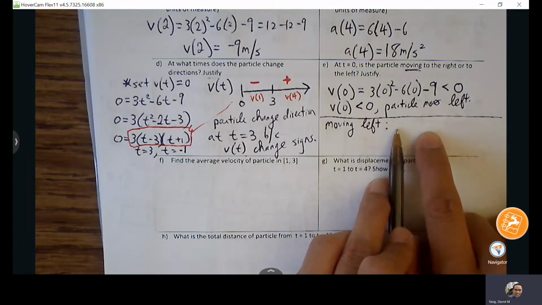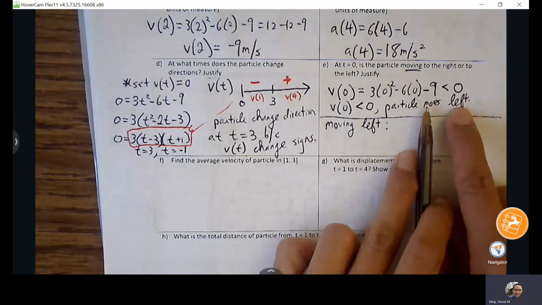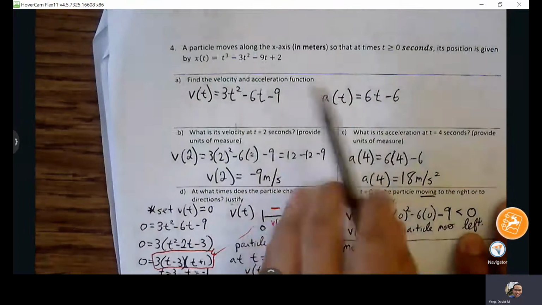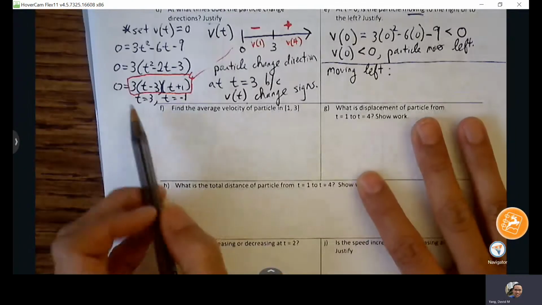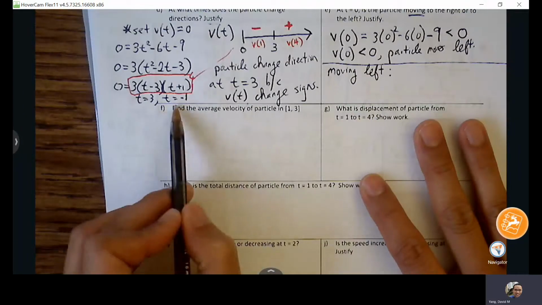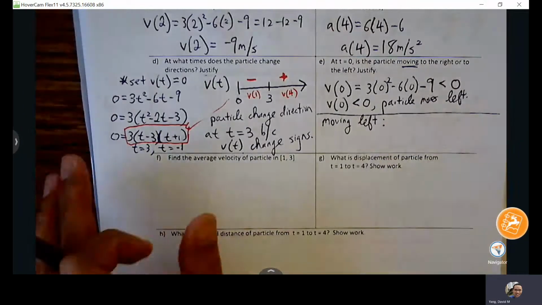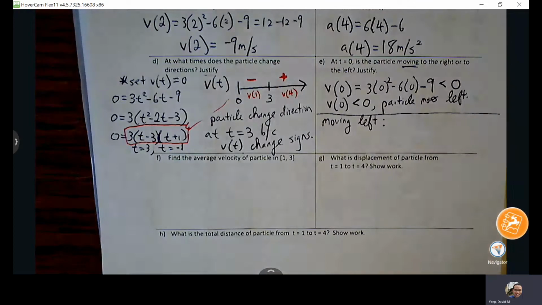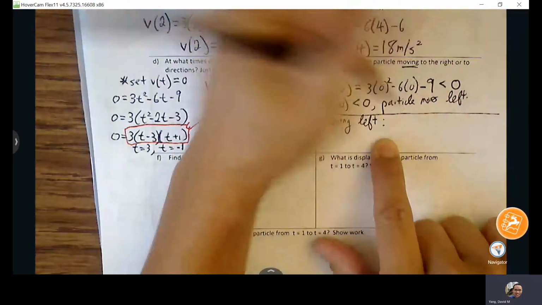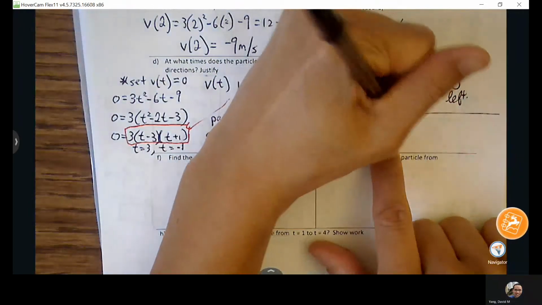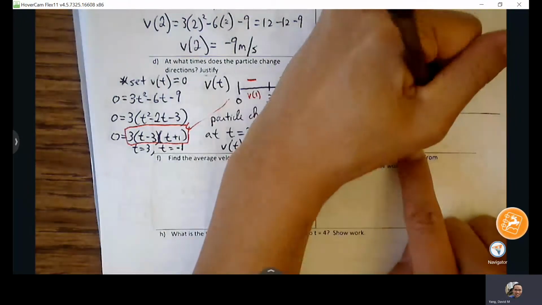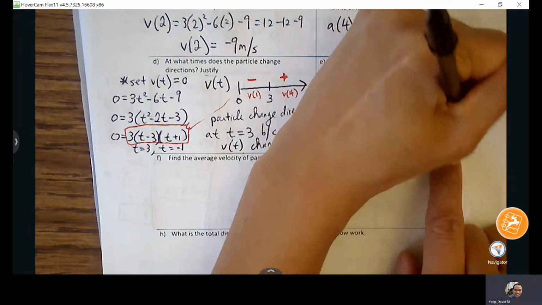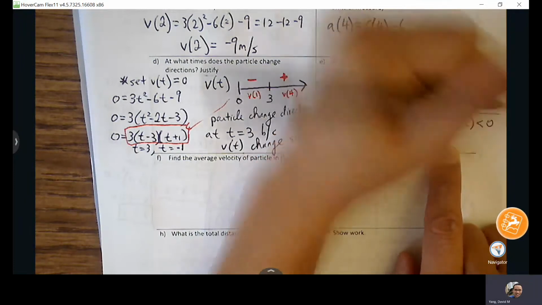Do I say parentheses 0 to 3? Bracket at 0, because first it's moving left and second it's part of our domain. And 0 is not a stopping point, right? The only stopping points for this object are at -1 and 3 seconds. So that means when the timer starts, this object's already moving. It's already in motion. And if I ask you to justify, you would say because v of t is less than 0.